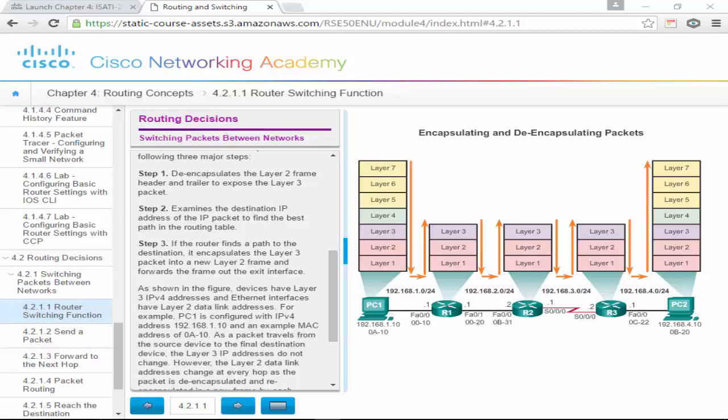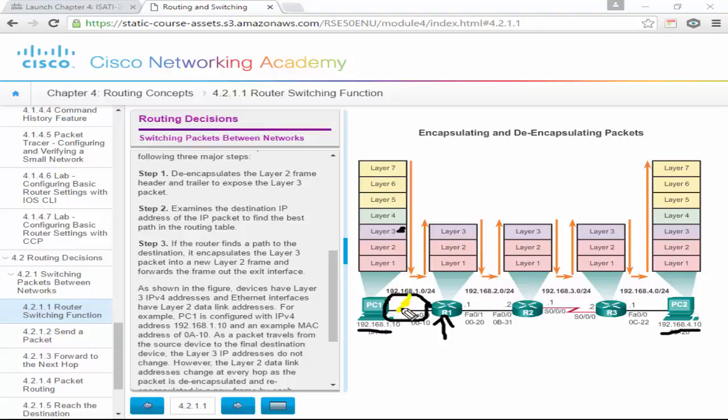So this brings up our idea on our de-encapsulation. Remember, our layer 3 addresses are the ones that never change. Our layer 2 addresses are going to get ripped off at every router. So at first, we have a source and destination here, and it's going as our MAC address. Our IP addresses stay the same, so it's always going to be sending to here.